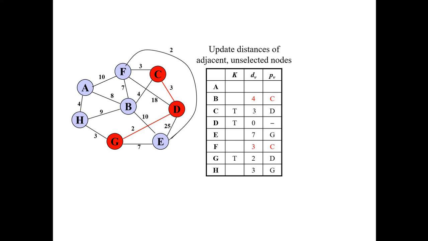Now the distance between C and B is 4, so this is updated now. We also have to find out which one is the next visiting node. For F, what is the distance between E and F?